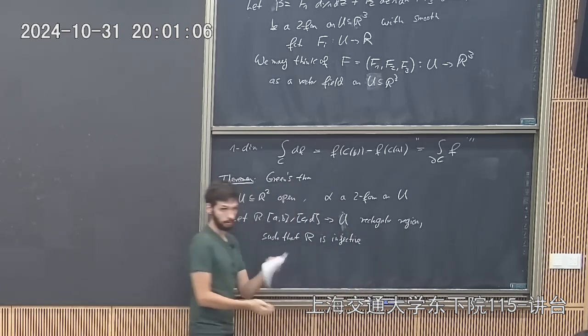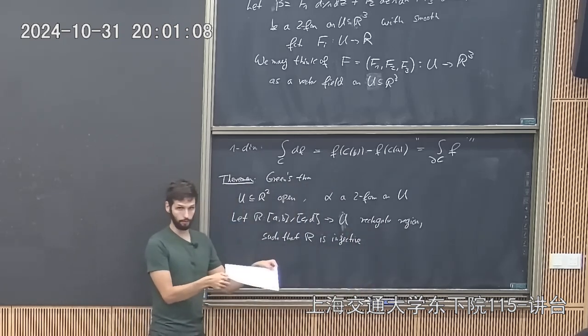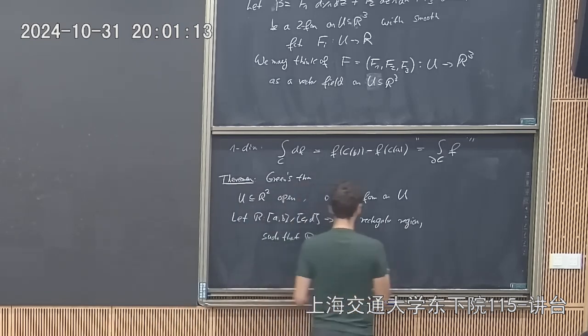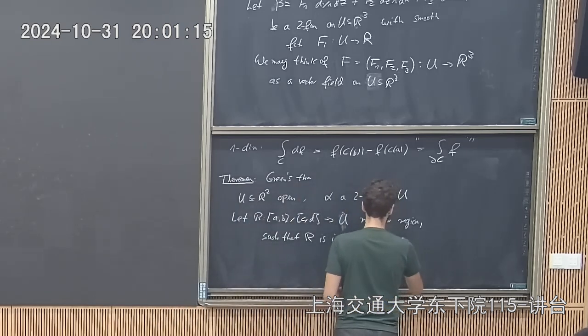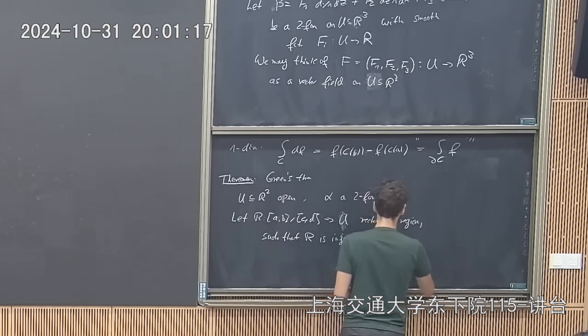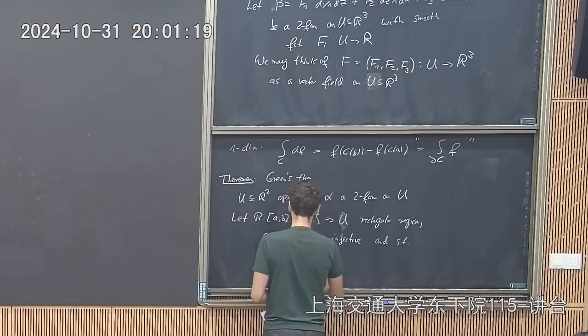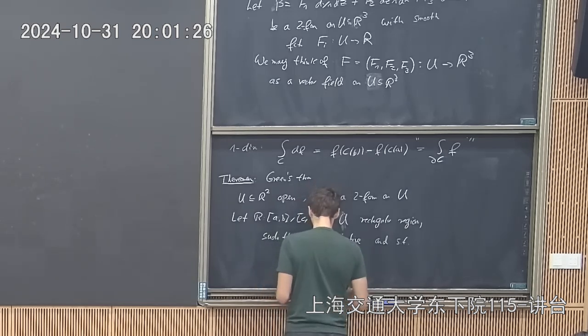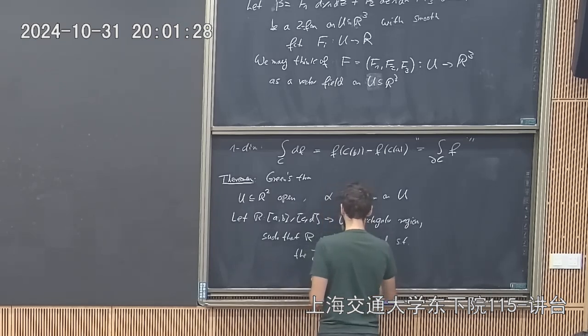So we don't want this region, a rectangle, to be folded so that it intersects itself. We want it to be injective and such that the Jacobian is positive.